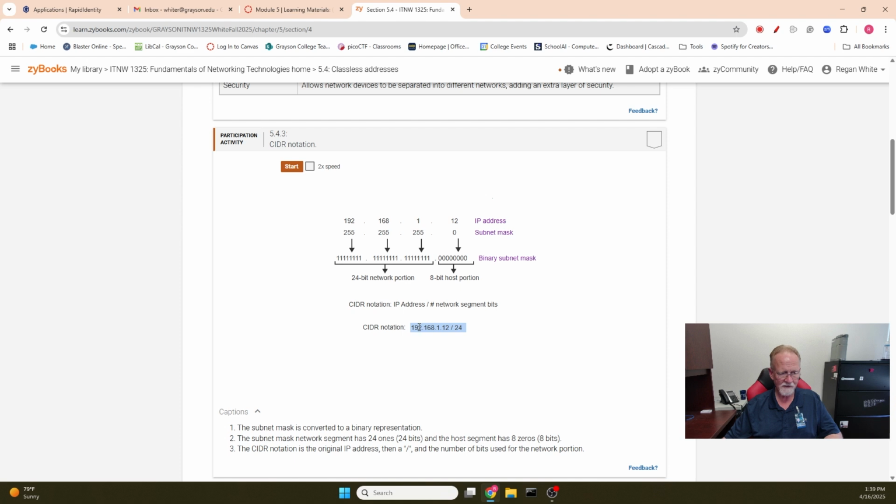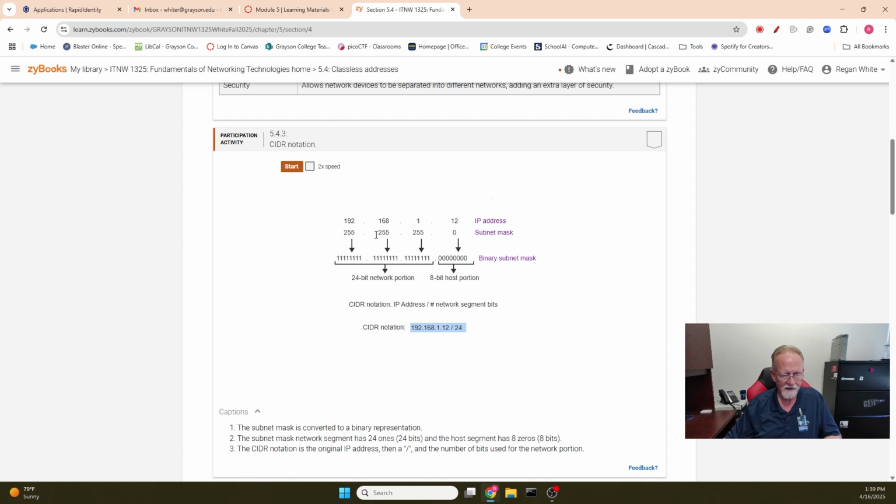And so your CIDR notation then would be 192.168.1.12/24. And the 24 comes from these 24 bits of the network portion of the address, or of the subnet mask.